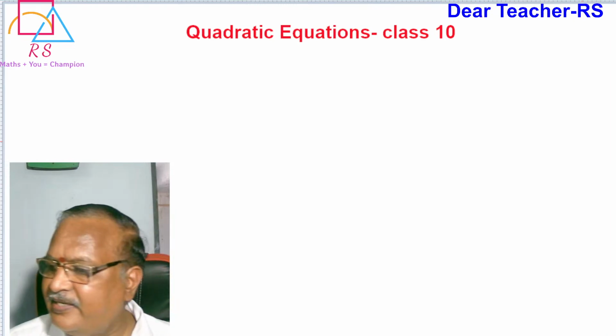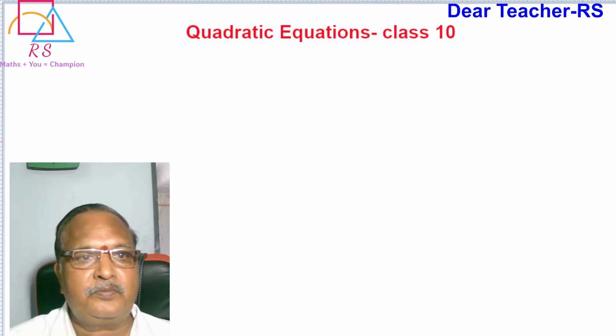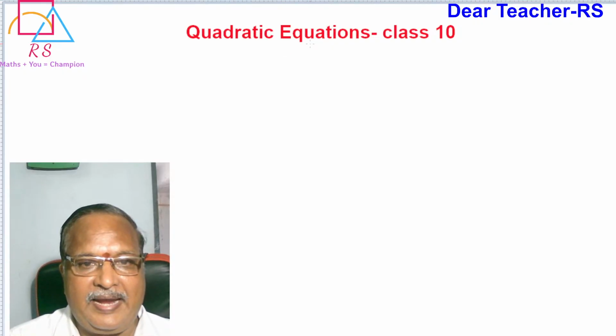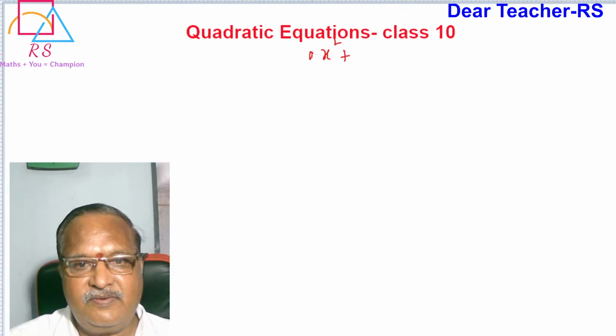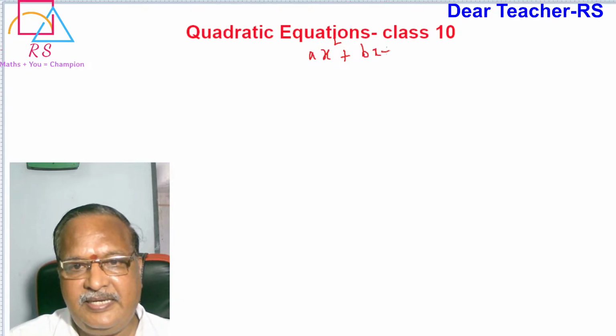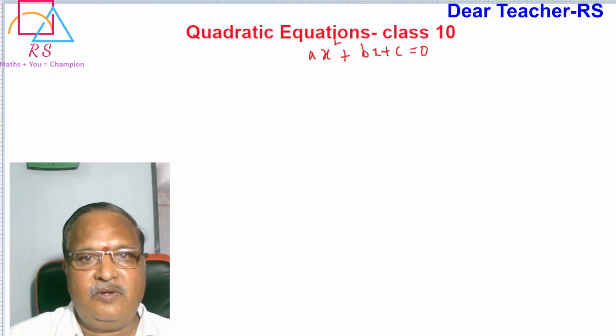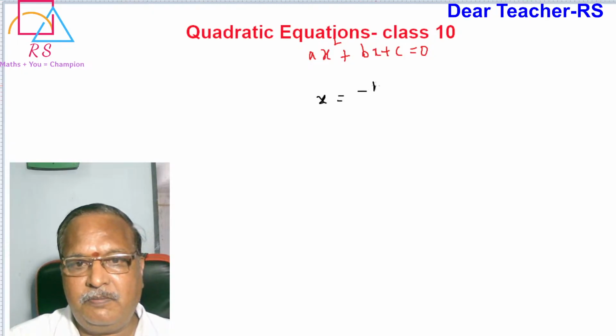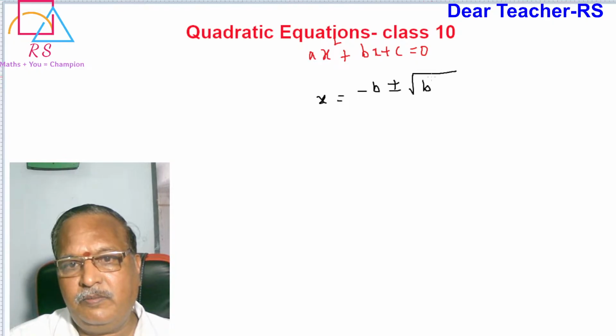Today my target is to complete this chapter. Now I told you the factorization method, there is another method. For ax square plus bx plus c equal to 0, finding the solution in the other method is the formula method. That formula is x equals minus b plus or minus square root of b square minus 4ac divided by 2a.